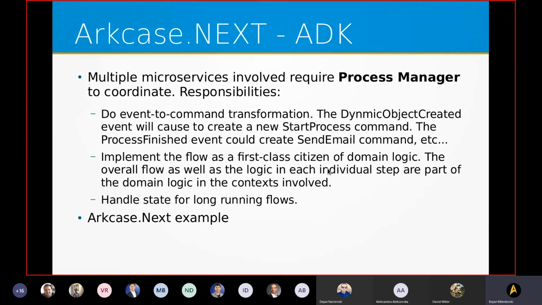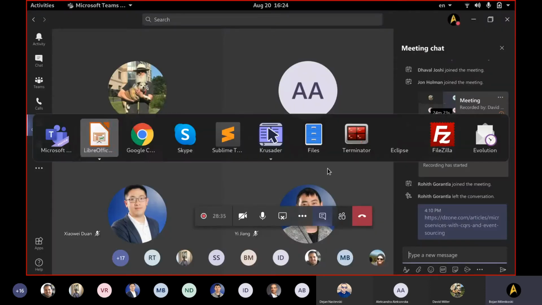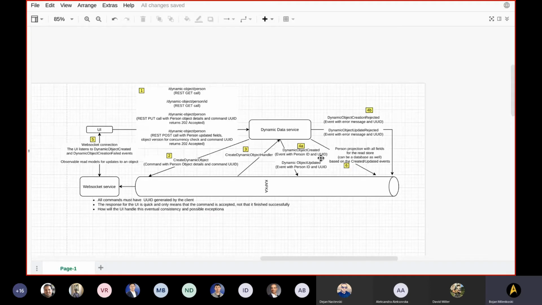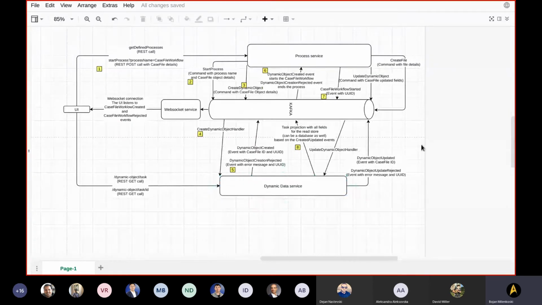So I will show you this example here again. This is again a simplified example. It uses just 2 microservices, but here I have an option for additional microservices. That's why they don't have numbers.